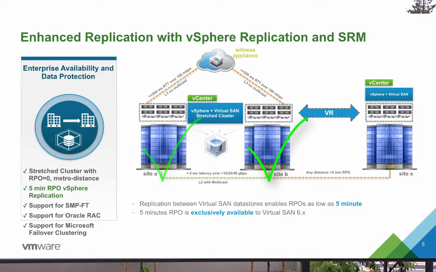But if we look closer, we'll see that we also have a tertiary site that's set up that has another vCenter, and we've got Virtual SAN living over inside of that space, and we're using site B to site X, or that tertiary site, with vSphere Replication. vSphere Replication has been enhanced to allow for RPOs as low as 5 minutes. Now, this is exclusively available if you're talking about leveraging Virtual SAN 6.x.